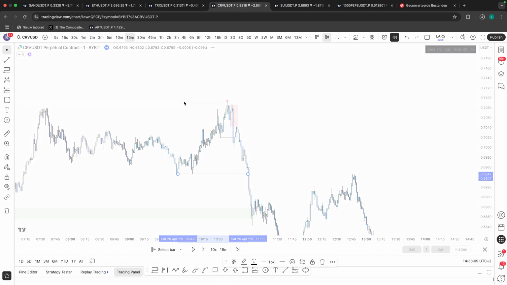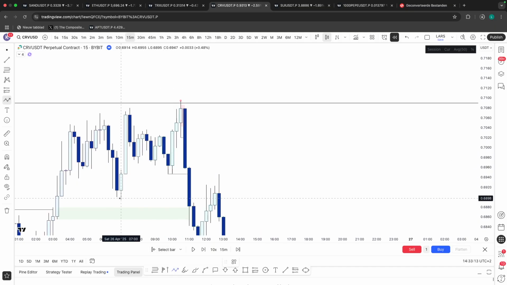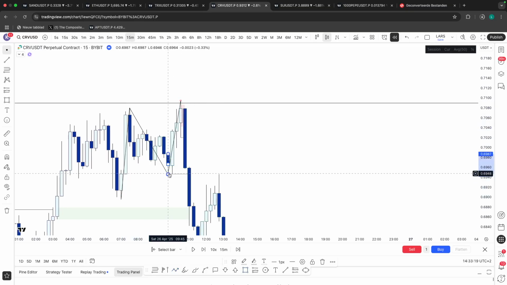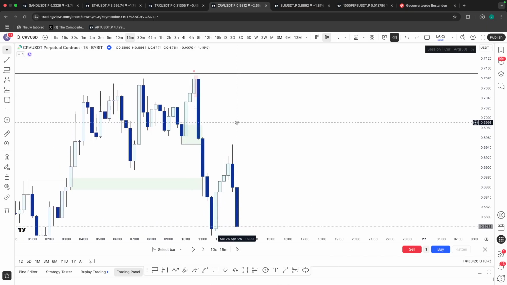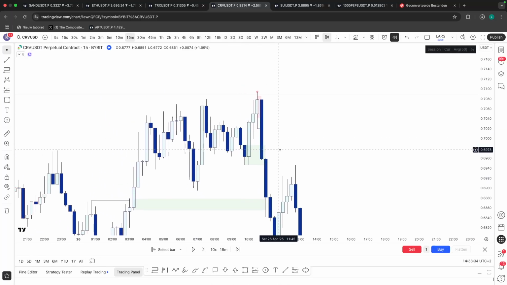Now, in this situation, you did actually have a 15-minute higher low that was backed by a 15-minute OBIF. Where right here, we have the 15-minute OBIF, but at the same time, we also have this demand POI below it. So you do have some support levels below that could cause a reaction of price from the upside perspective.